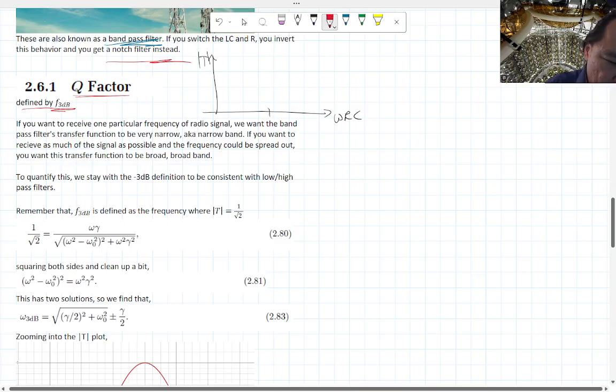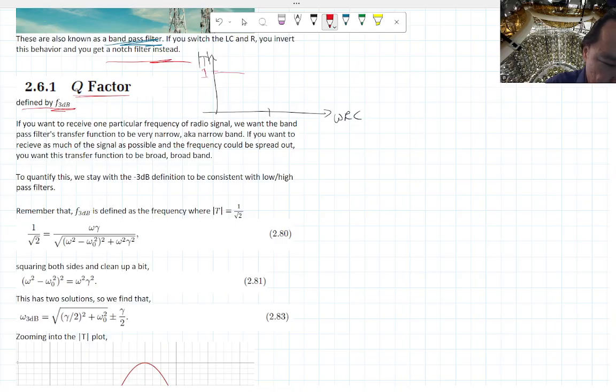If you have a low pass filter, you start with 1, and then you go down and down and down, and then this will be 0.707, which is equal to 1 over square root 2. Remember those numbers, okay? This is a special point because that's actually where omega equals 1 over RC, right? So you get exactly 1 here.